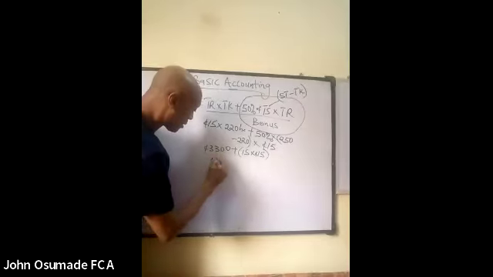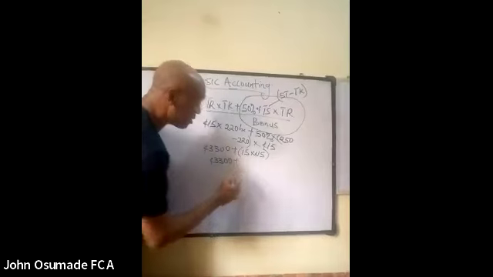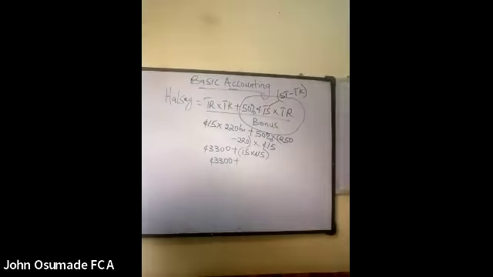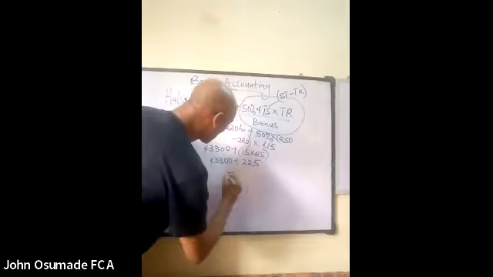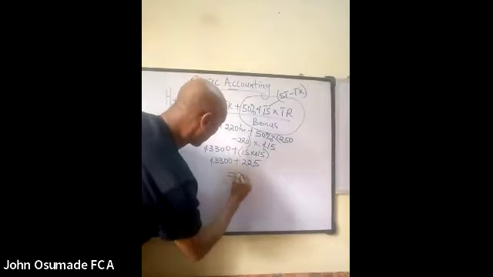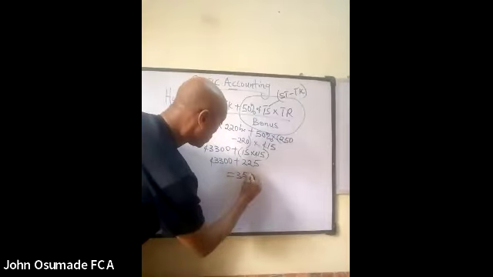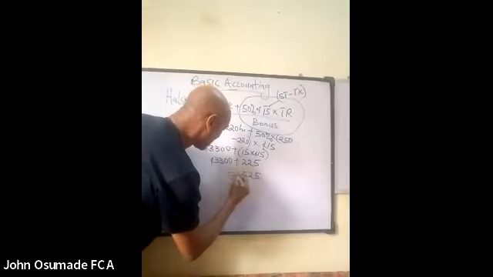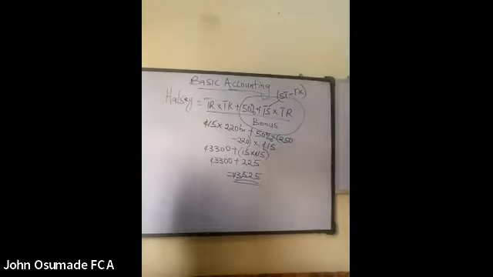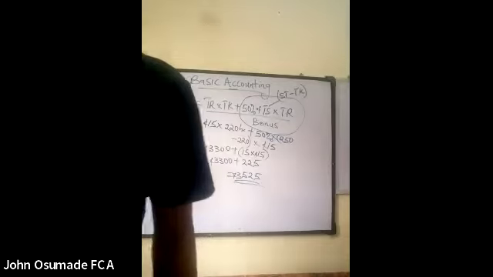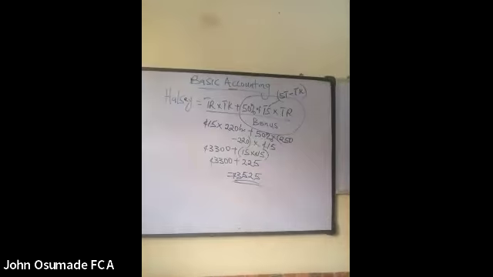That will be 225 cedis. So if you add it together, you have 3,525 cedis. That will be the total salary, or the total pay for the above staff.